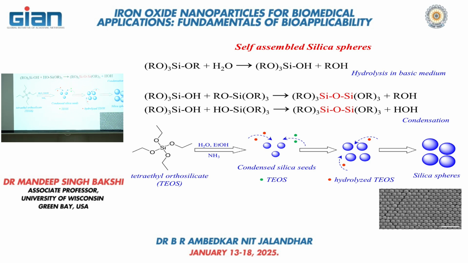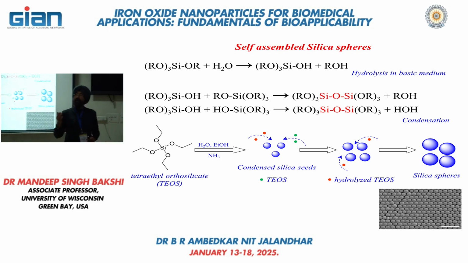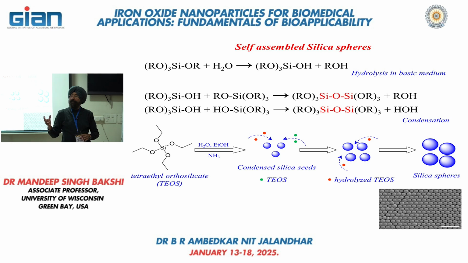If you want the smaller silica spheres, obviously you have to stop the reaction in a shorter period of time. But if you want bigger, you let the polymerization, condensation, happen. Eventually, you have the bigger silica spheres.